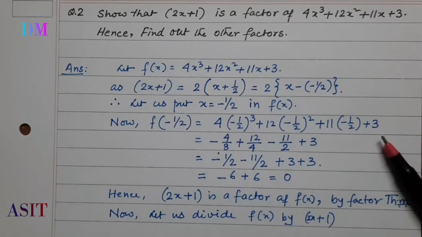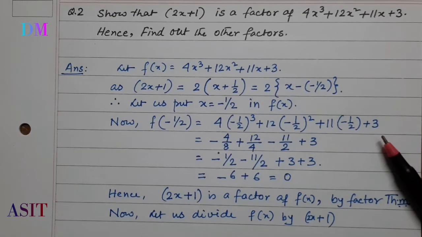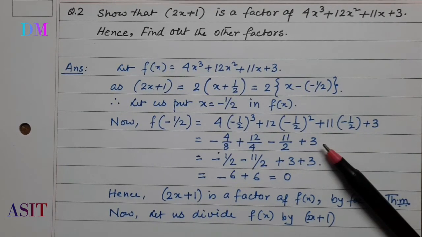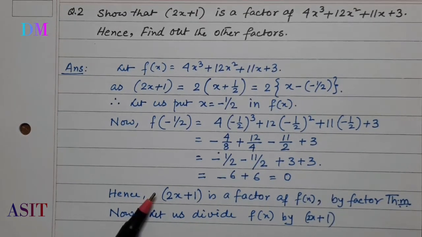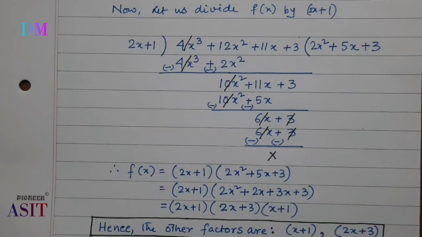Thus, we get this mathematical expression by putting x equals to minus half. Now after simplifying the expression, we get f(-1/2) as 0. Hence, by using the factor theorem, we can say that 2x plus 1 is a factor of the given polynomial f(x).